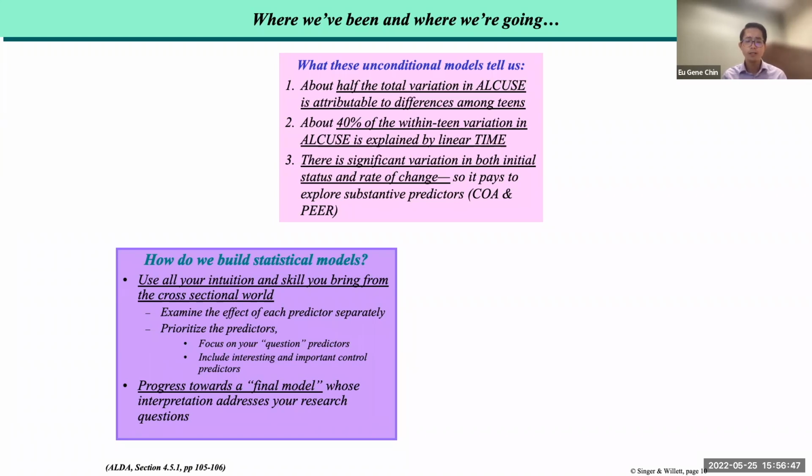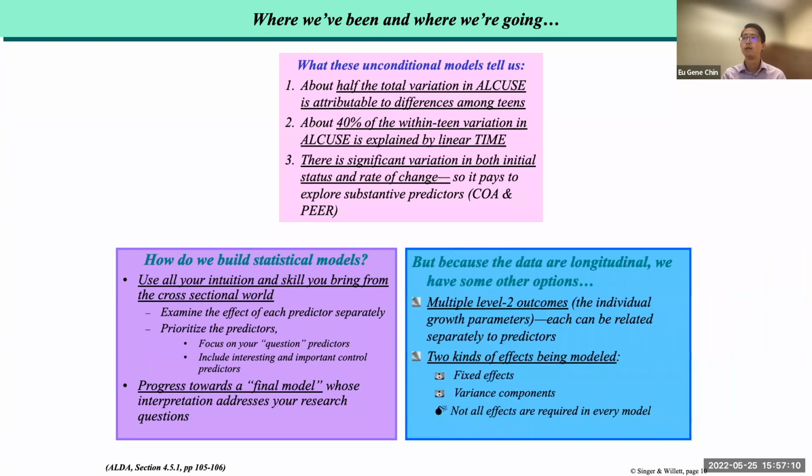Usually, at the very least, most people will fit the unconditional means followed by the unconditional growth, and then they'll usually go on to their final model. But just as we might show in subsequent examples after this, you may decide to tweak your models depending on the statistical significance of your fixed effects and stochastic effects.